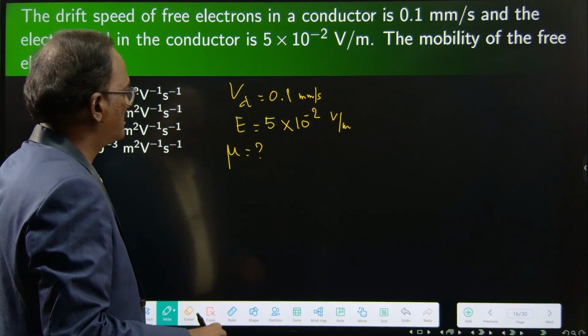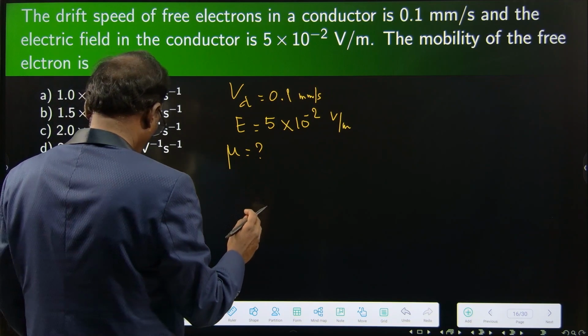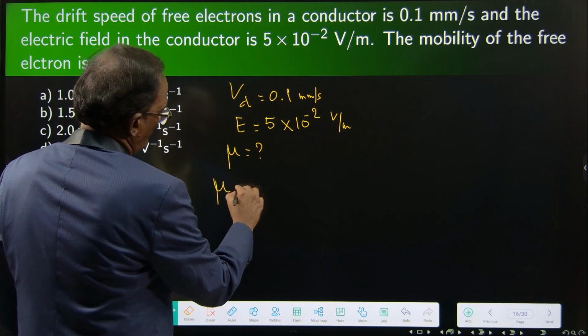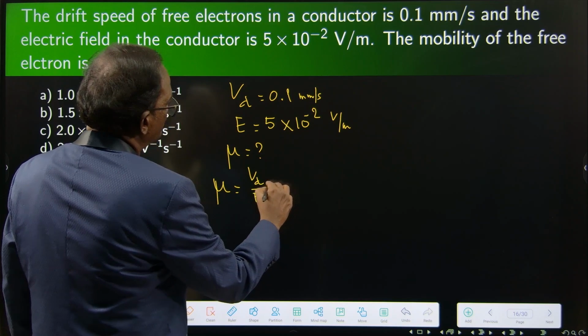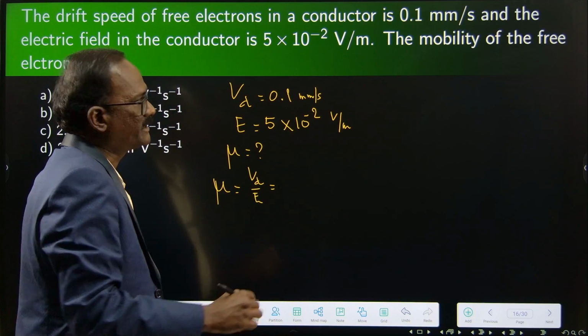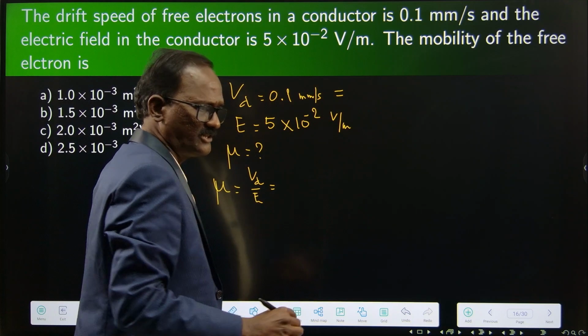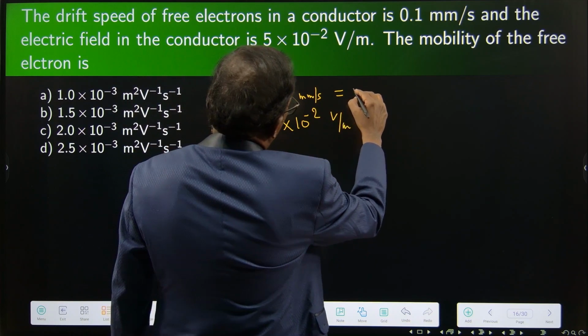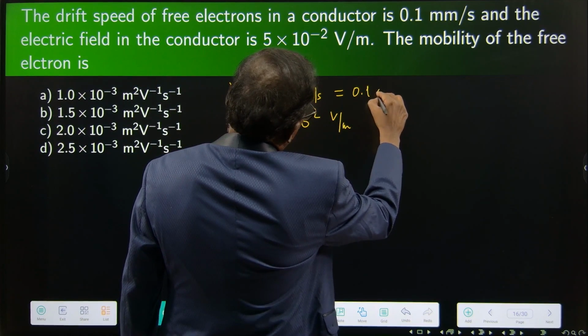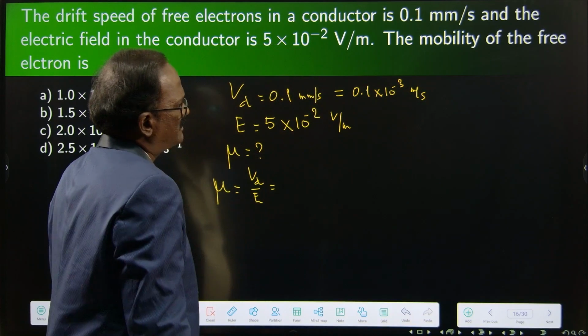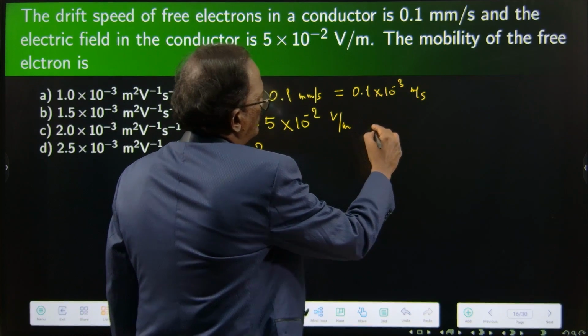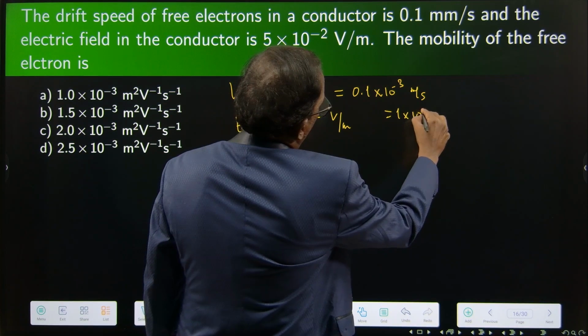Mobility is equal to Vd upon E. Vd is 0.1 millimeter per second. This should be converted into meter per second: 0.1 into 10 to the power of minus 3 meter per second, or I can write 1 into 10 to the power of minus 4.